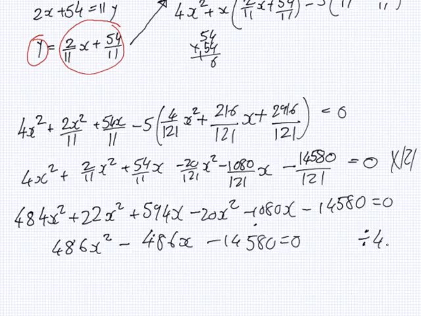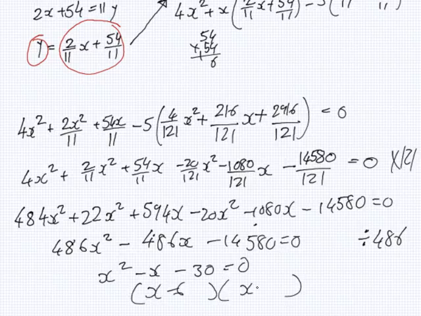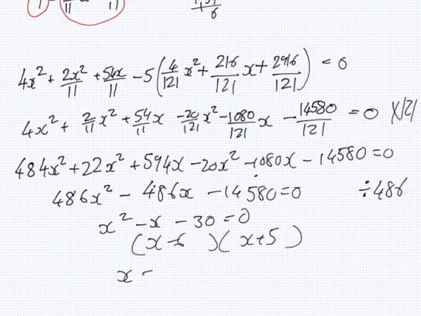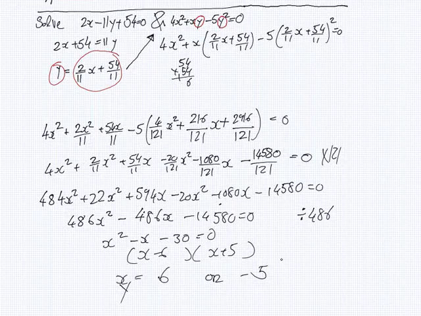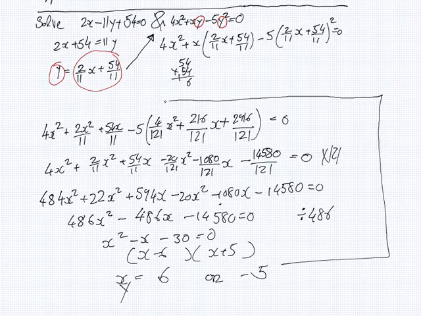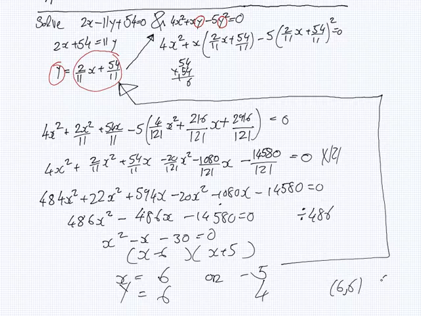Now we divide everything by 486. x squared minus x minus 30 equals 0. x minus 6, x plus 5. x equals 6 or minus 5. Now we can get the y by putting it back in here. What did you get? 6 and 4. So the answers are 6, 6 or minus 5, minus 4.